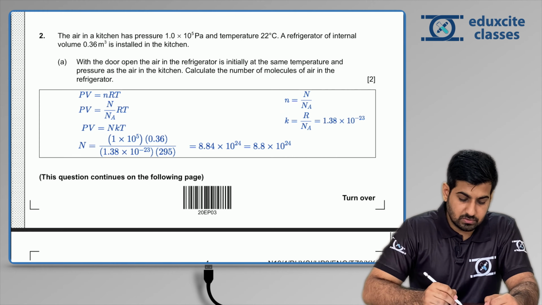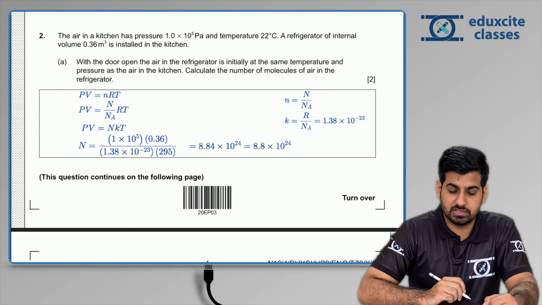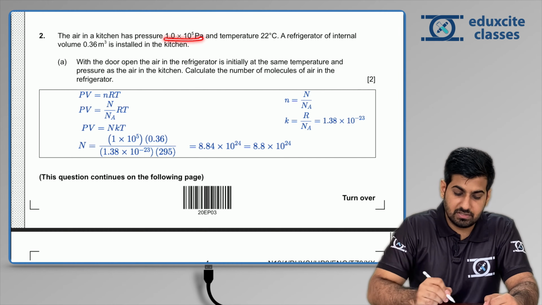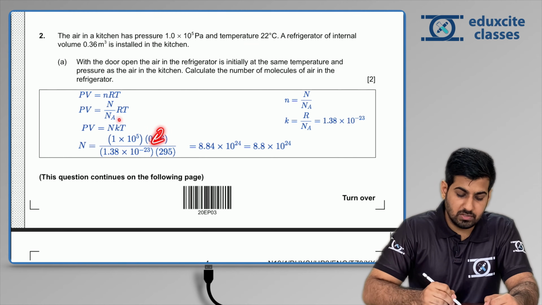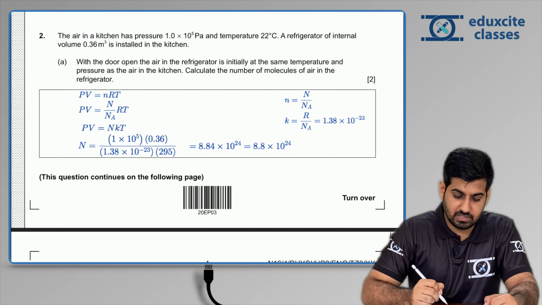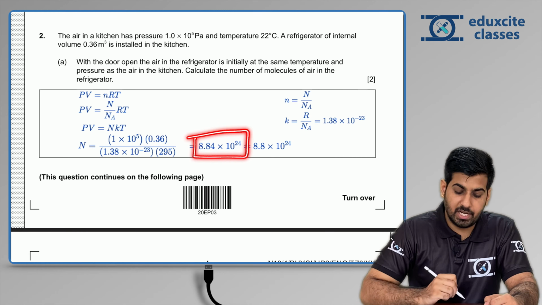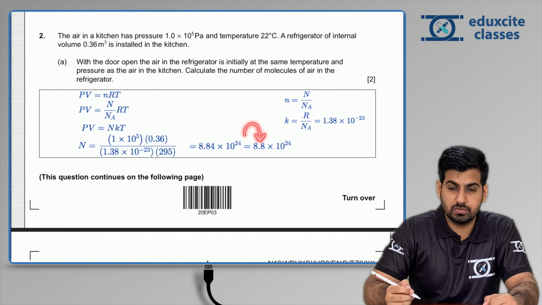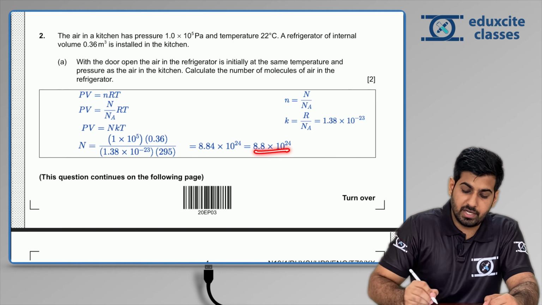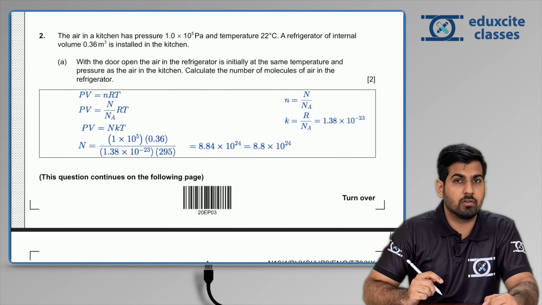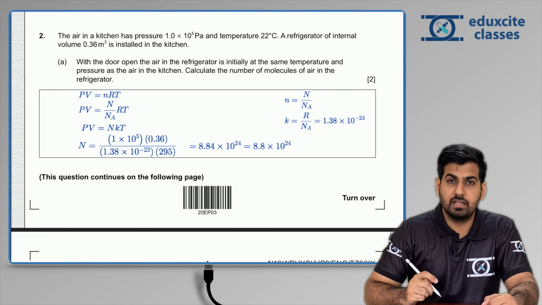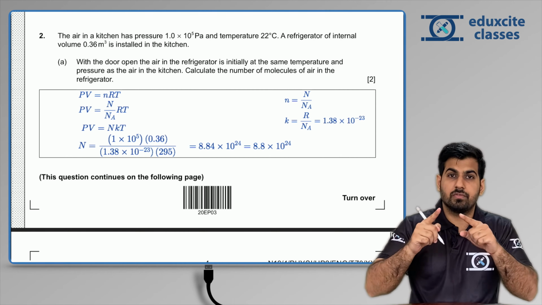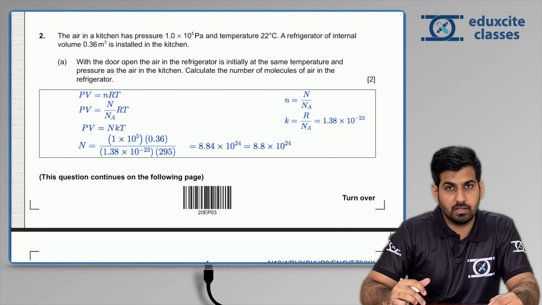So using this, R upon NA becomes k, and N is what we are supposed to find out. Pressure is given, temperature is given, volume is given. Putting in all the values, with the Boltzmann constant given, you will get 8.84 × 10^24, which rounded off to two significant figures is 8.8 × 10^24 molecules of air present in the refrigerator.